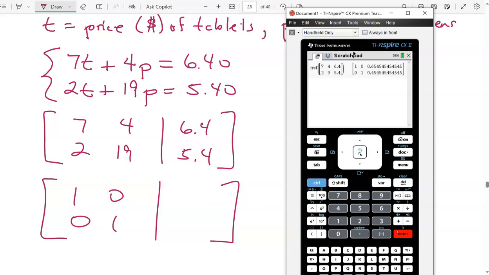They're supposed to be the number of tablets and the number of pens. So I'm going to try this calculation again, and I'm going to re-enter the number that I misentered, which was I entered a 9 instead of a 19. When I re-enter that, I'm going to get something nicer.